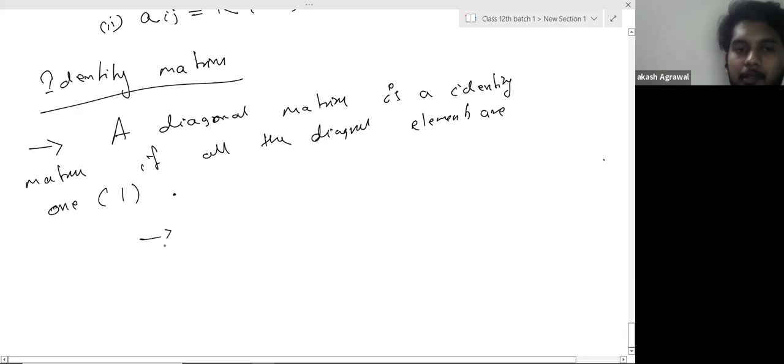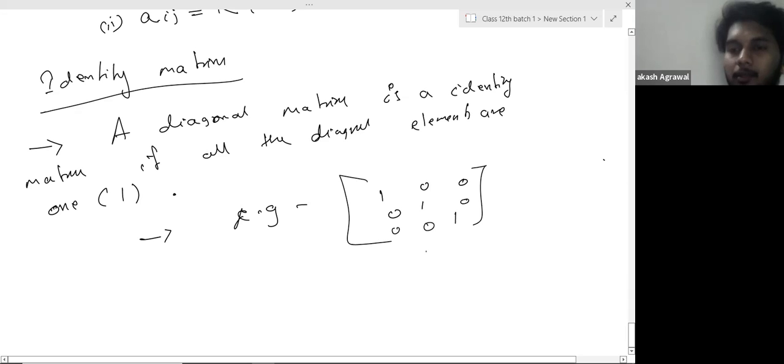What this means is you make all the diagonal elements 1 only, no other value. This will be called an identity matrix. This is clear, very easy.